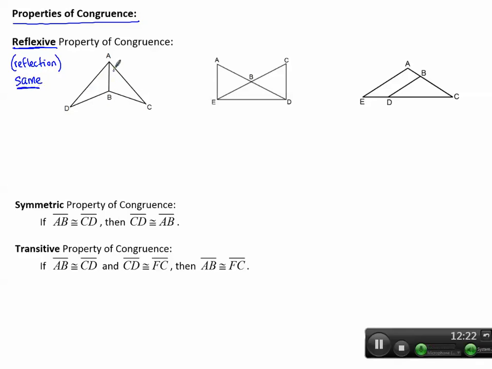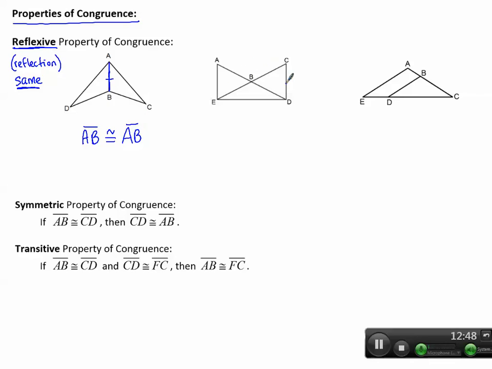These are two triangles that are connected by side AB. Triangle ABD and triangle ABC both use side AB. It is congruent to itself. We would write segment AB is congruent to segment AB, and it would be useful when showing corresponding parts of congruent triangles.